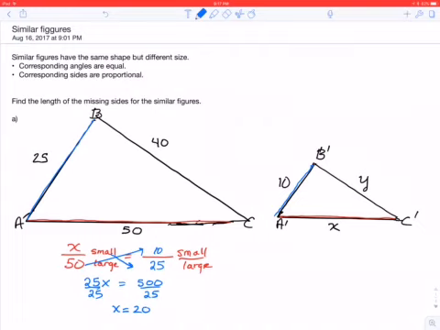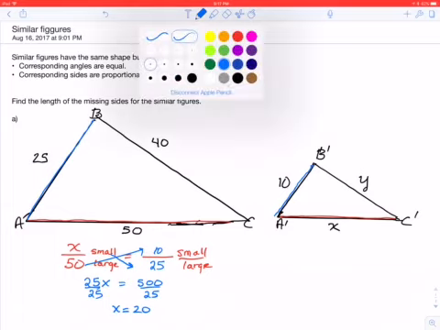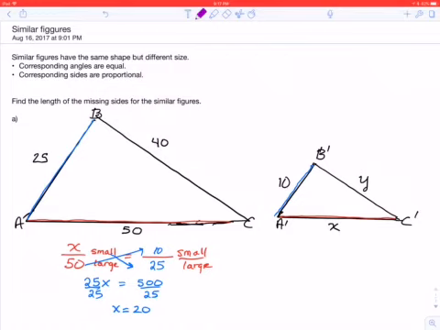Now for y, if I want to find side y, I'll make a fraction out of side y, again from the smaller figure, to the side that corresponds to it from the larger figure, so that would be 40. Then I need to take two other sides that correspond, and since I did small over large for the first fraction, I need to be consistent, small over large for the second.